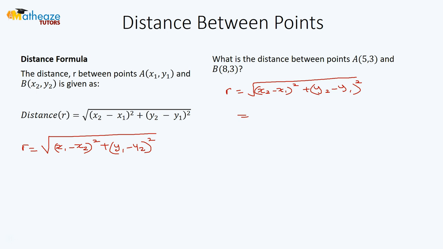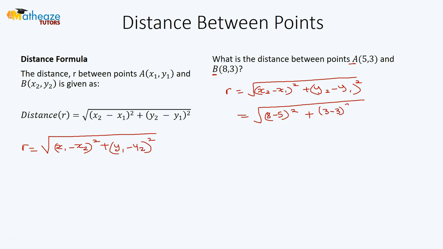I'm going to use B as the point with x2 and y2, and A as the point with x1 and y1. So (x2 minus x1) squared is 8 minus 5 squared, plus (y2 minus y1) squared, 3 minus 3 squared.